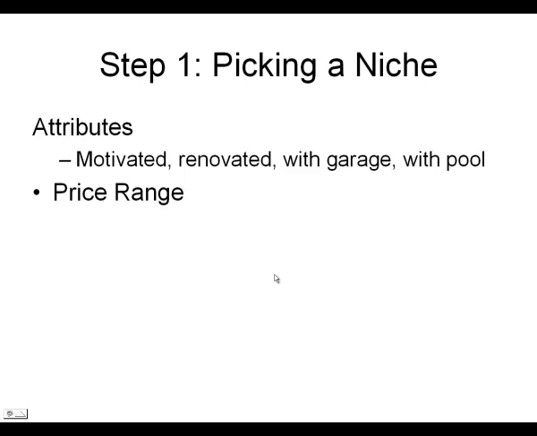Of course, you have price range. In the price range, you'll have the low-end price range, you'll have the high-end price range, and you can actually determine a price range for a particular area, say like from $250,000 to $300,000. And there are many more niches. If you use your imagination, once you start looking into niches, you're going to quickly discover that you can come up with a bunch of new ideas of finding out new niches.